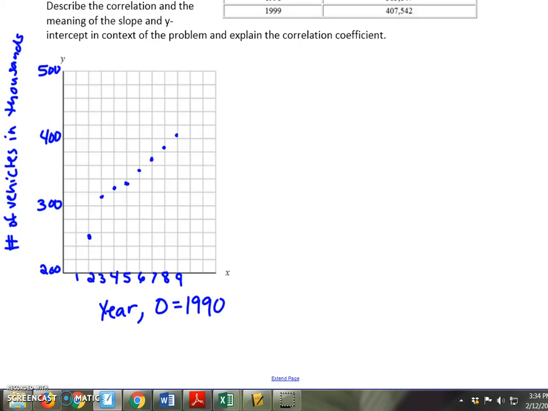Once you have it in your table, you hit your Stat button, go over to Calc, and go down to number 4, linear regression.